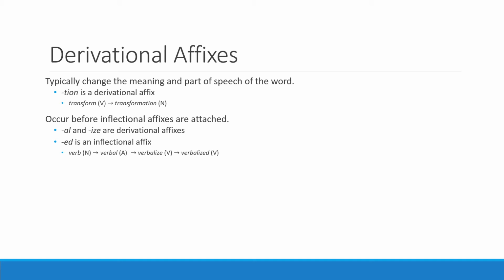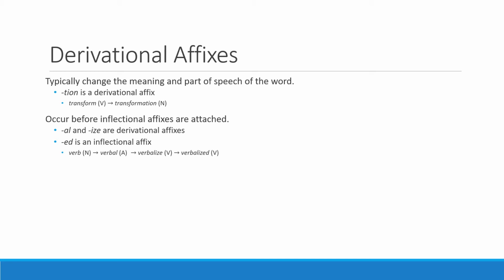So in the word verbalized, verb is a noun, which is your root, and then you can add al to it, this derivational affix, and it changes it from noun to adjective, and then verbal becomes the new base. So you still have the root verb, the base verbal, and you add ize to it, another derivational affix, and it changes from adjective to verb, verbalize.